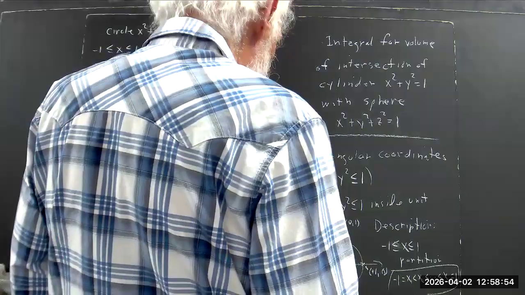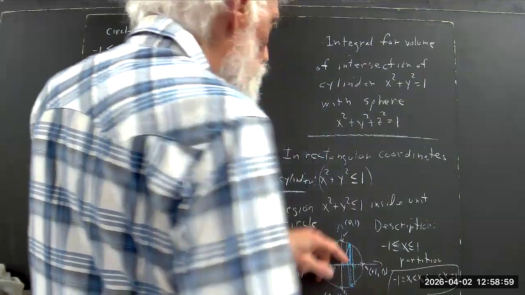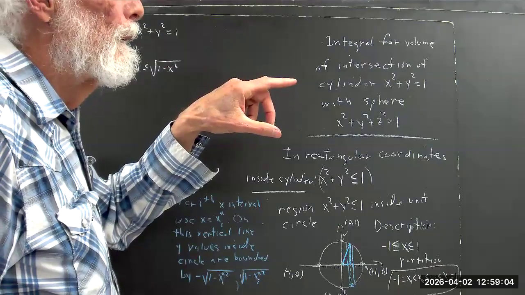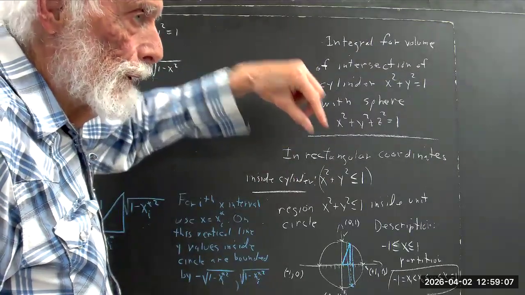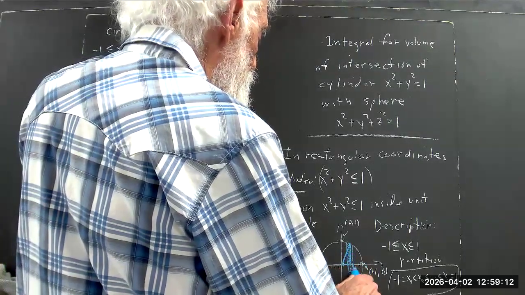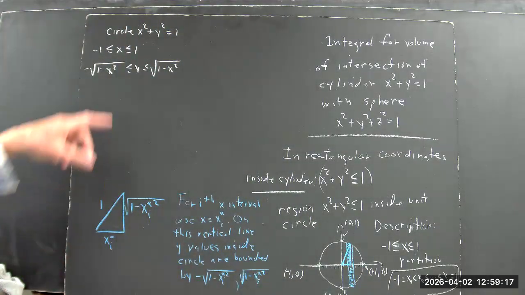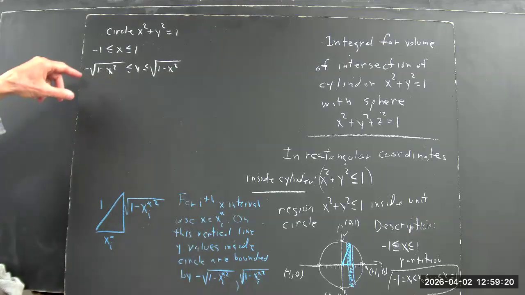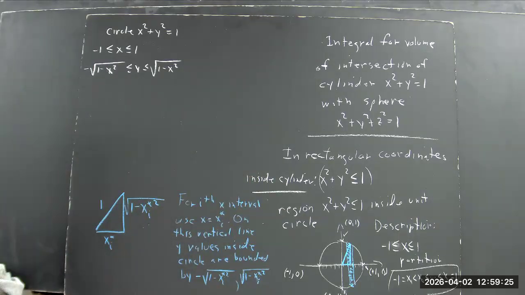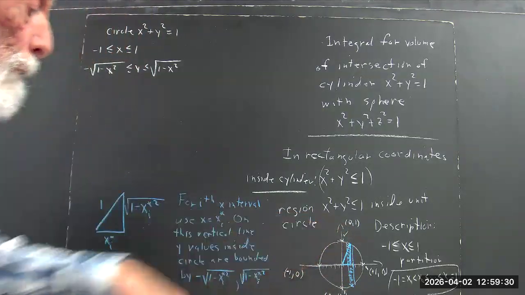You're taking the whole strip corresponding to this one interval in the partition of your x values, and you're going to partition y between negative square root of 1 minus xi star squared and positive square root of 1 minus xi star squared. That's when you're inside the region.